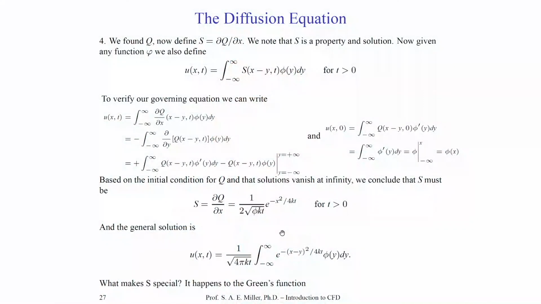And we'll go as the coefficient 1 over 4kt, where k is like a heat conduction coefficient or diffusion coefficient. We'll go as the integral over the whole line, e to the negative x minus y squared divided by 4kt times that initial condition phi of y dy. Y, of course, integrates away and we're left with x and t.